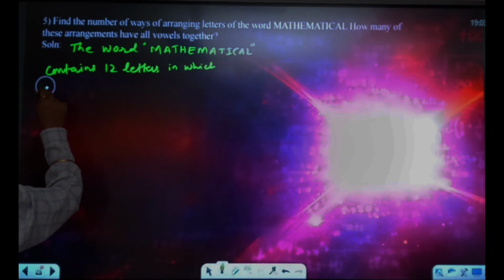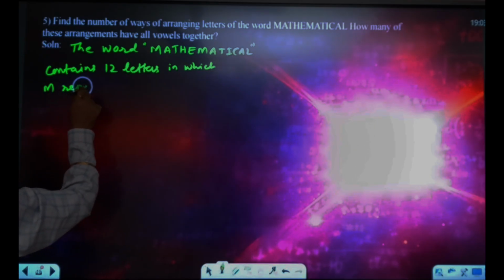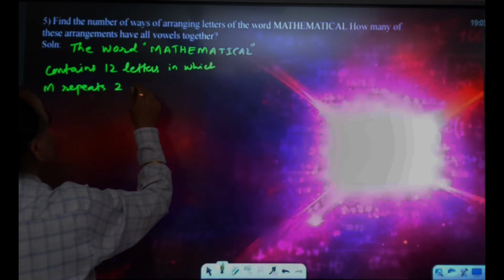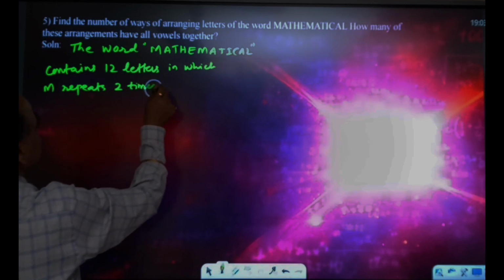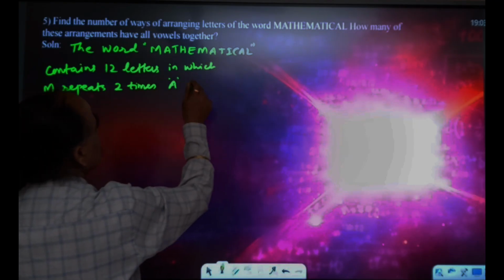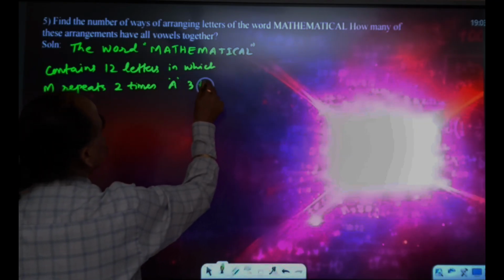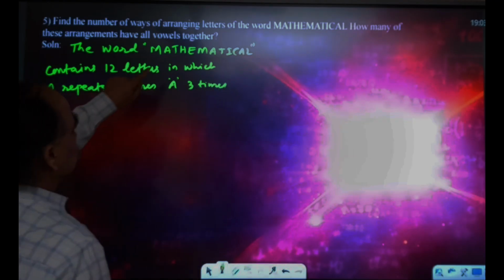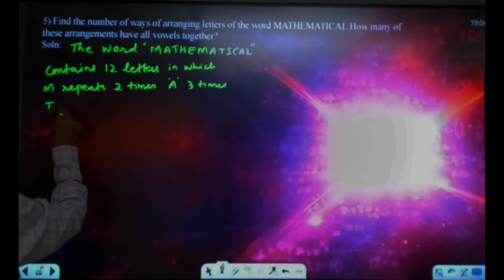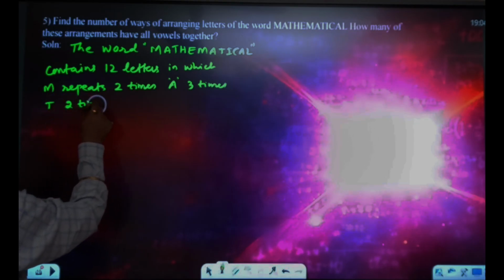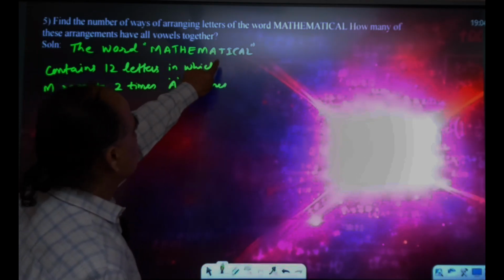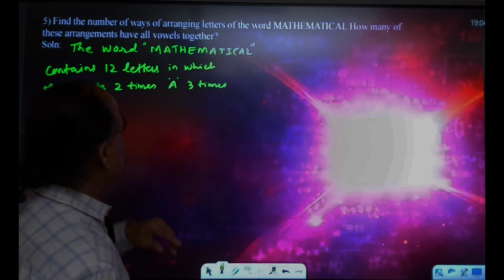M repeats two times, A three times, T two times, H, E, I, L, nothing.